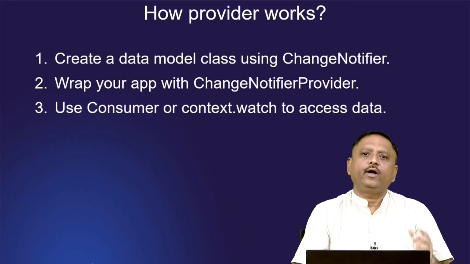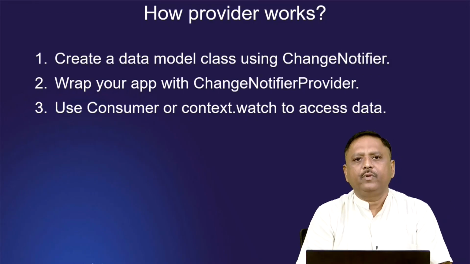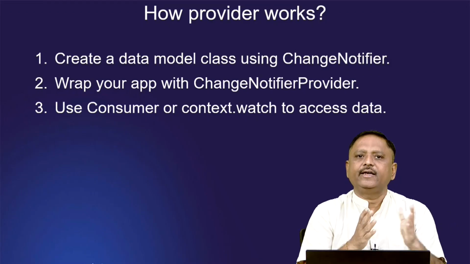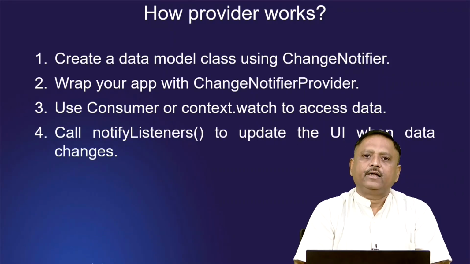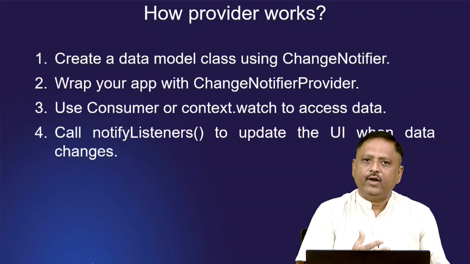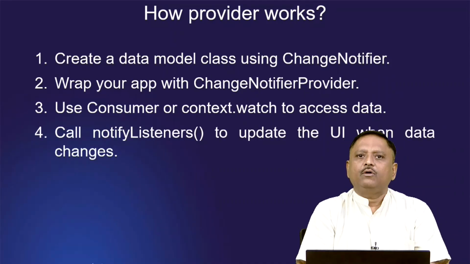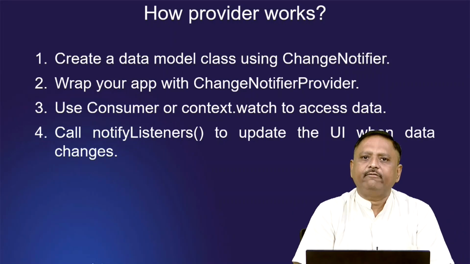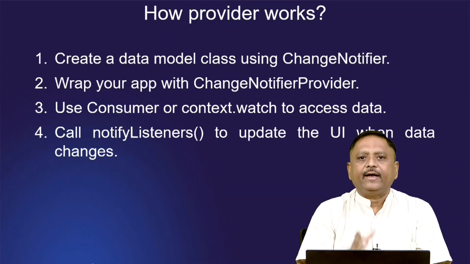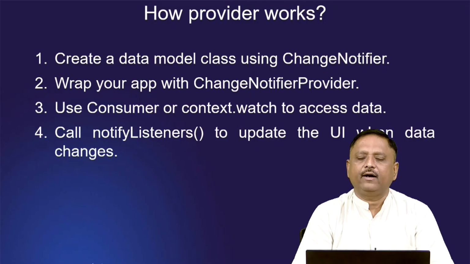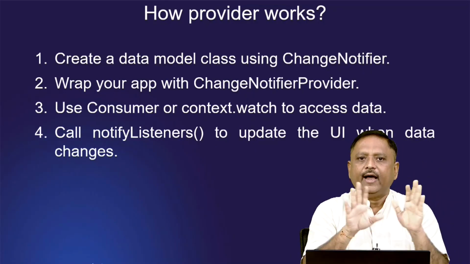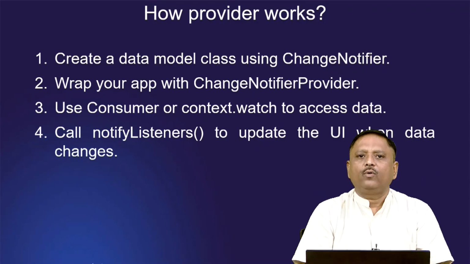Third, use context.watch or Consumer widget to access and listen to changes in the state. And fourth, call the notifyListeners method inside your model whenever the data changes. Now this tells all listening widgets to rebuild. This pattern ensures that only the relevant parts of the user interface are updated, not the entire screen. So this is how provider works.